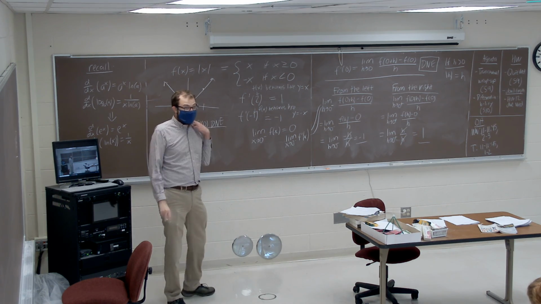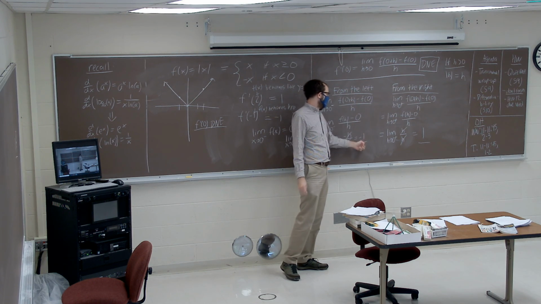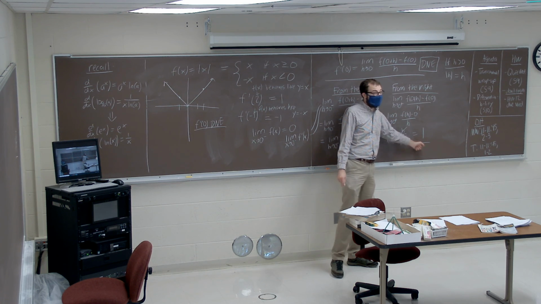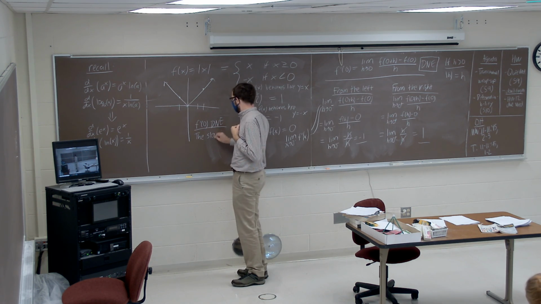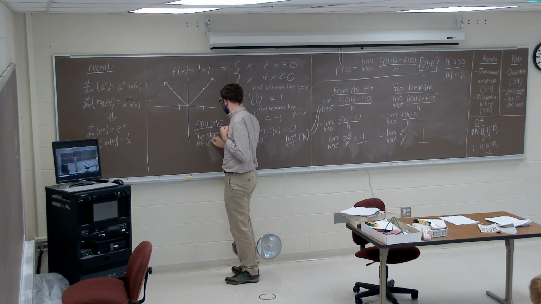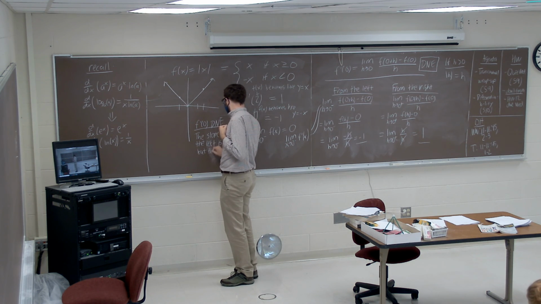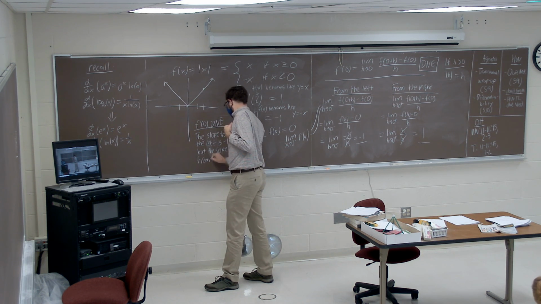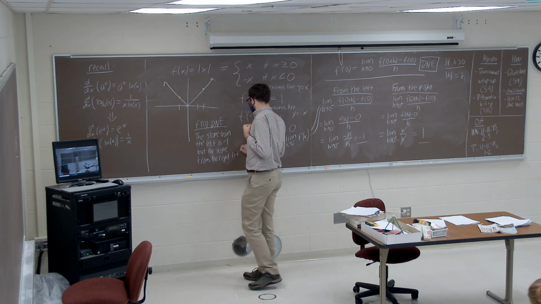And we can actually say the reason is because the slope from the left is behaving like negative 1, and the slope from the right is behaving like positive 1. The slope from the right is going to be positive 1.